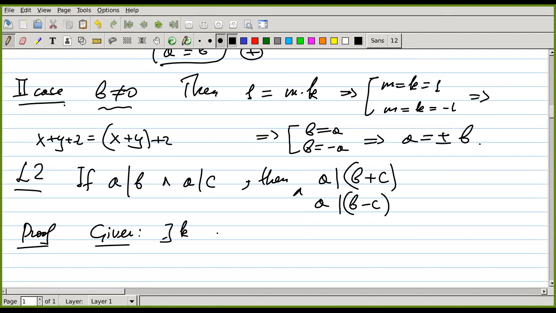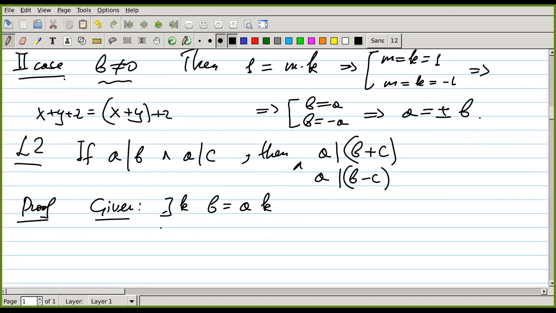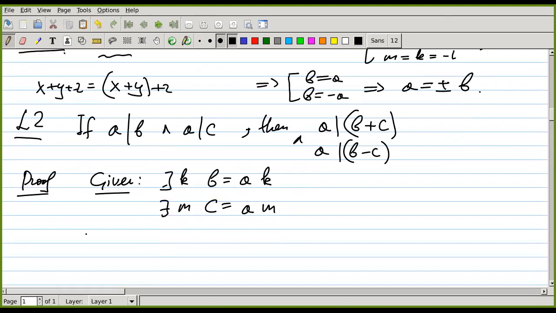Yes. So what's given? We are given that b is a multiplied by k, or simply ak. And likewise, c is am. What can one say about the sum? b plus c is just ak plus am.